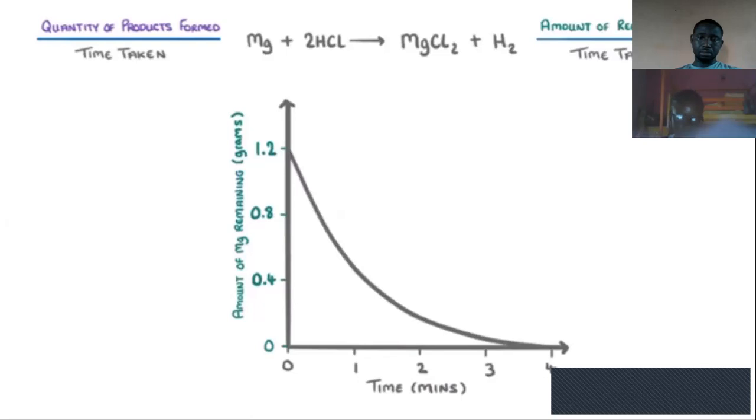So if we wanted to find the rate of reaction at 1 minute, we'd just do the same process as before.